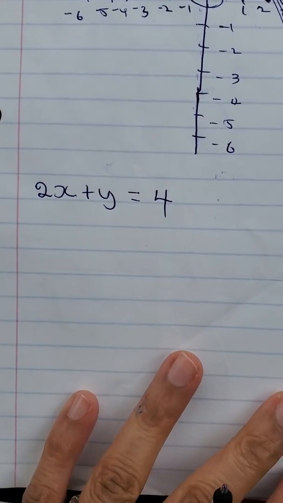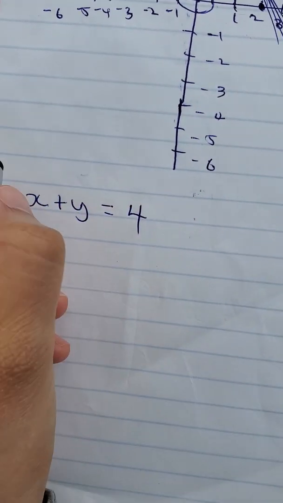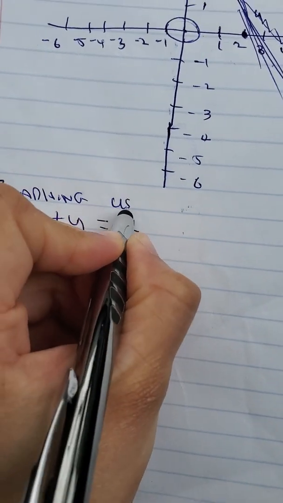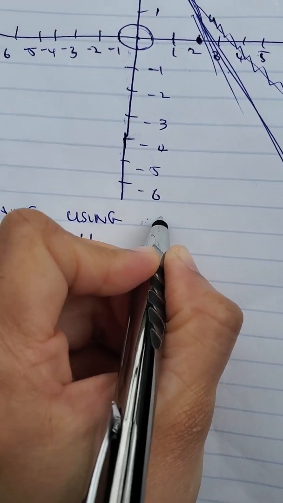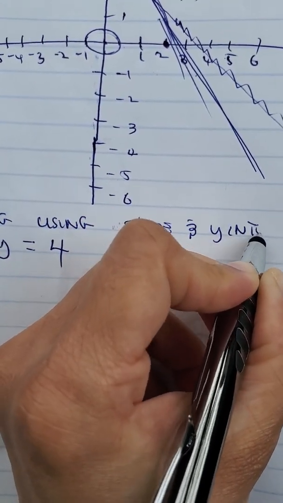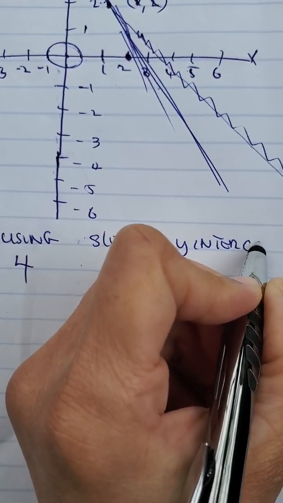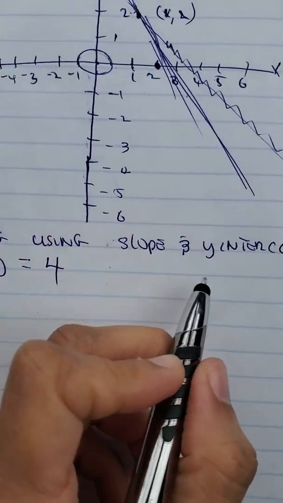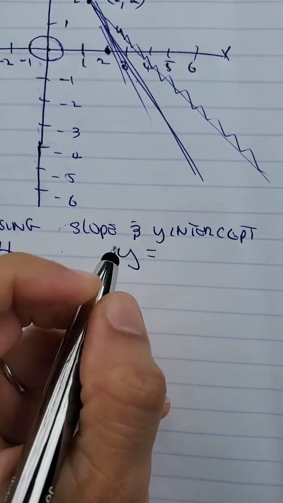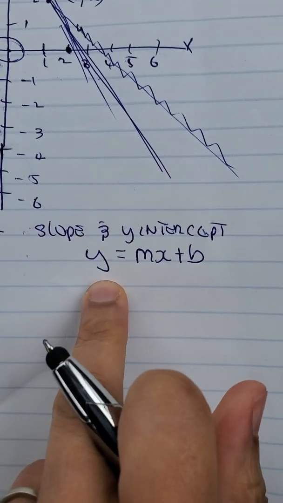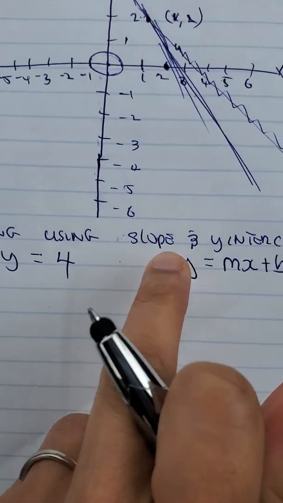This is called graphing using slope and y-intercept. Graphing using the slope and y-intercept. So basically, my equation has to be in the slope-intercept form in order for me to graph using the slope and y-intercept.